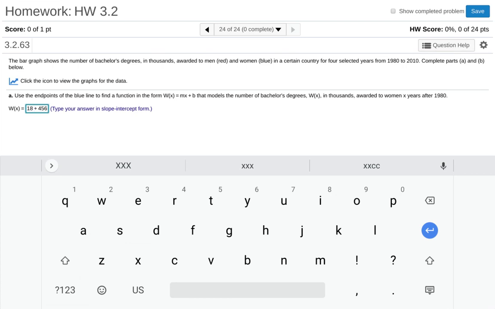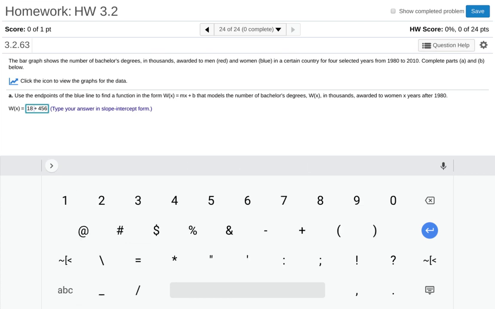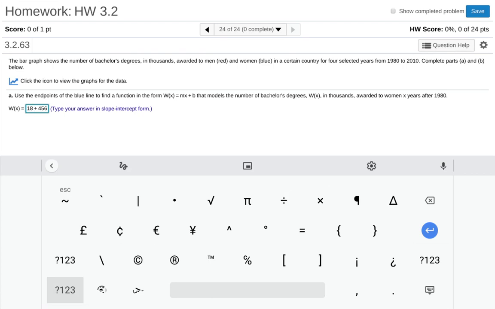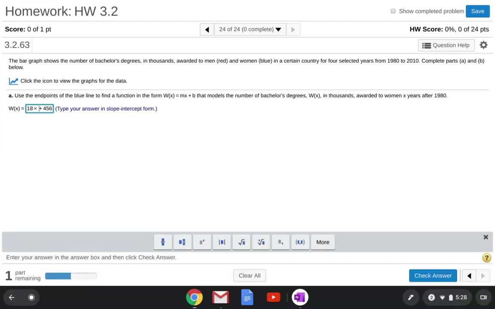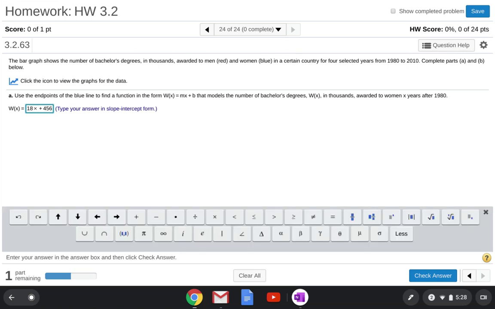For some reason it does not allow me to type x. I don't know why. Maybe I have to use this: 18x plus 456.